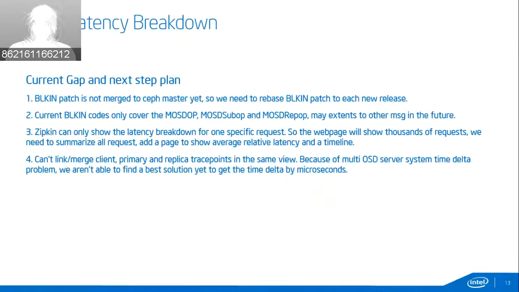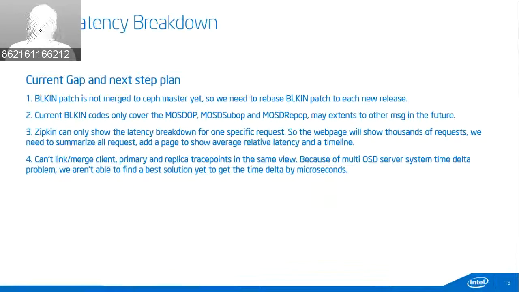So this is a gap. And if the blocking patch merges into the Ceph code, we can cover other messages besides the MOSDOp. Maybe we can add some trace points in the pairing, something like that.